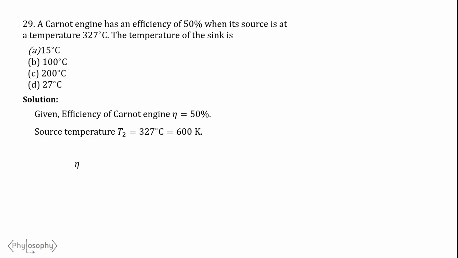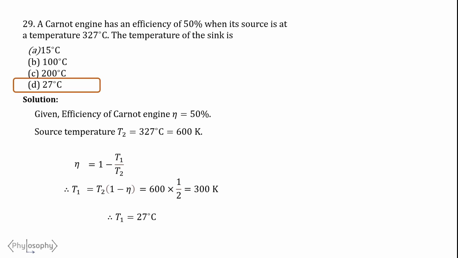Now we know that efficiency is given by eta equal to 1 minus T1 by T2. Therefore T1 can be expressed as T2 times 1 minus eta. So if you put the value of eta and T2, then you will get T1 equal to 300 Kelvin, or 27 degrees Celsius. Therefore option D is the correct answer.